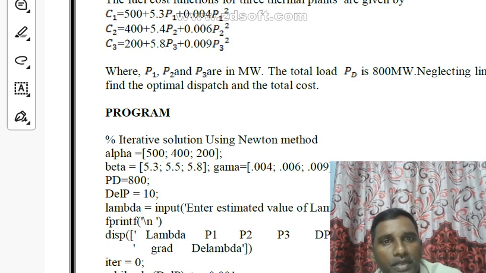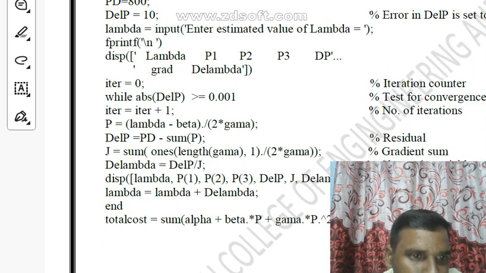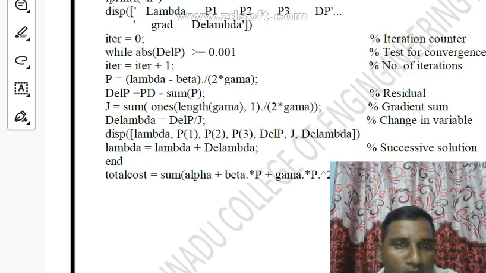The total PD value is 800 megawatts, which is the maximum power demand. After that, the d lambda value, and display the lambda value, P1, P2, P3 and delta. Finally, end, and the total cost is the sum of alpha, beta and gamma terms.